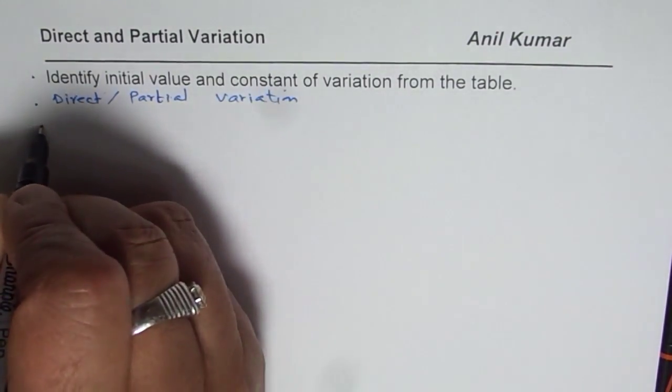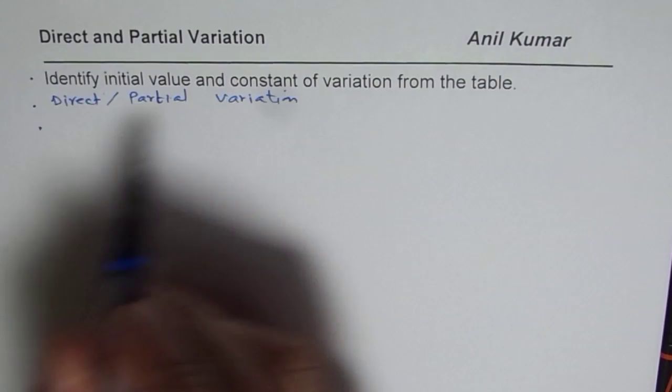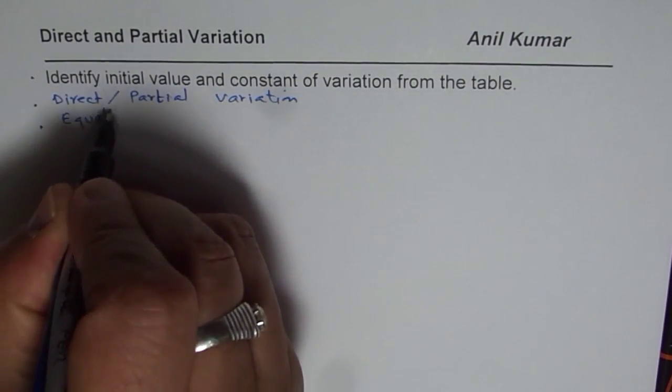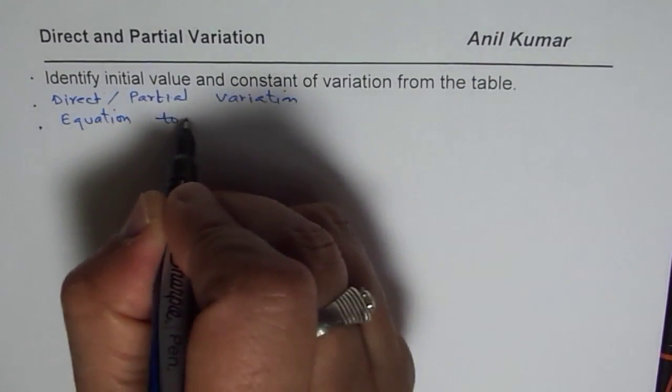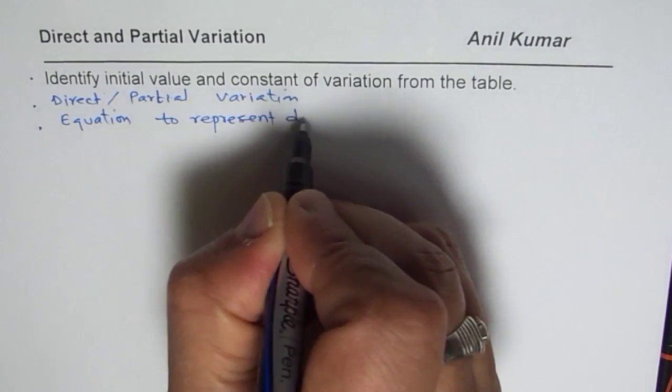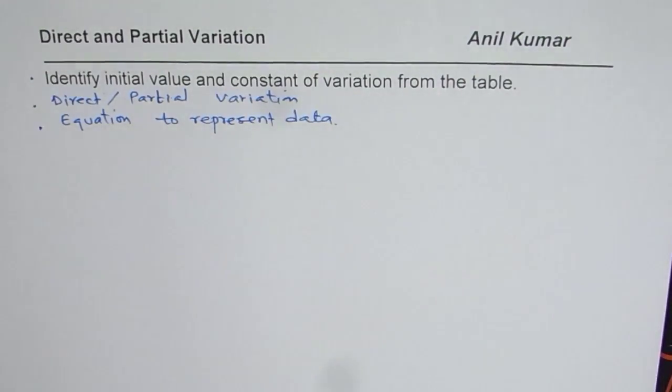And once we have found the initial value and constant of variation, we'll also write an equation to represent the data, right? So that is what we are going to do in this video.